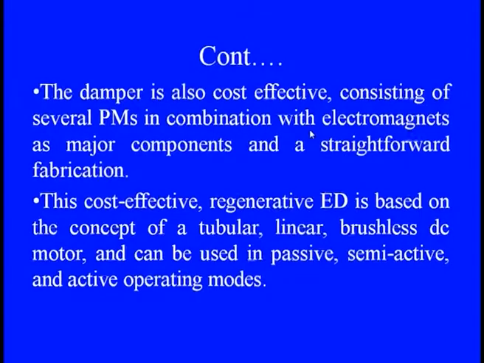So this is a cost effective feature, and the regenerative electromagnetic damper can go with the tubular, the linear or the brushless DC motor, and that can be used straight away in the active suspension system.